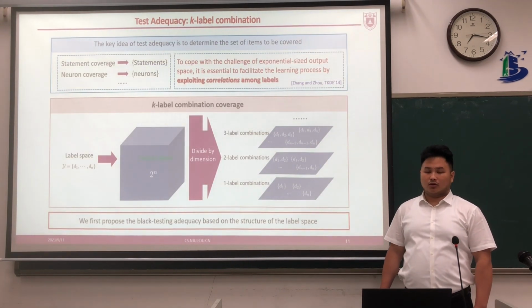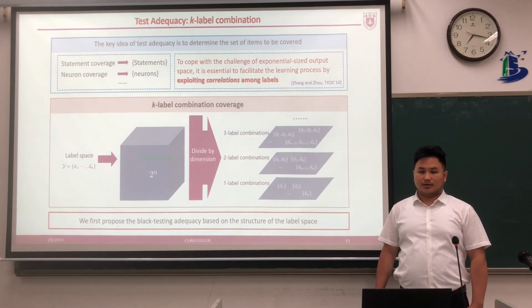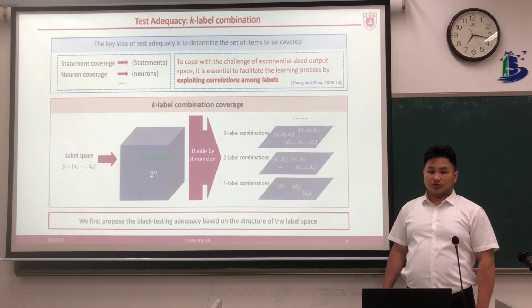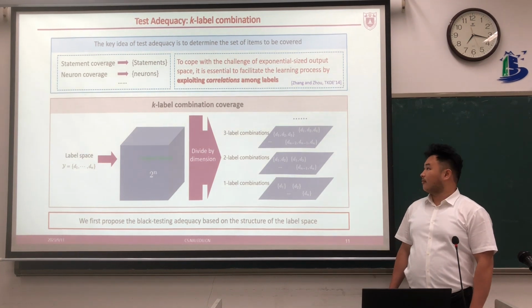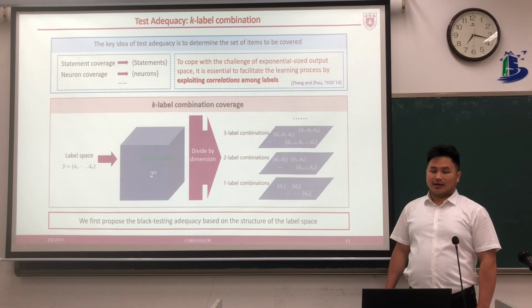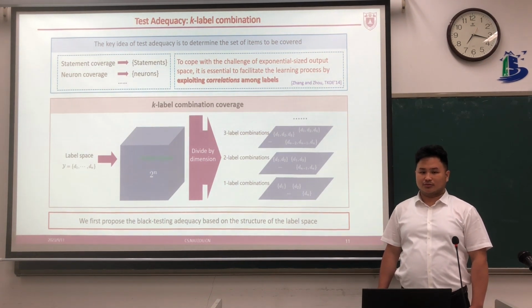Actually, the key idea of test adequacy is to determine the set of atoms to be covered. For example, neuron coverage determines a set of neurons to be covered. Note that the core idea of MSS is how to exploit label correlations.